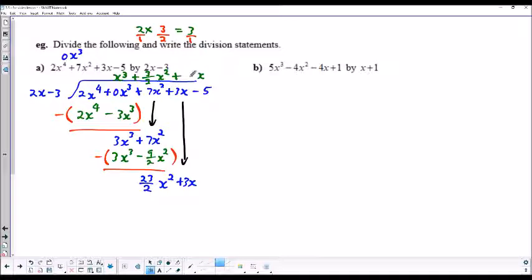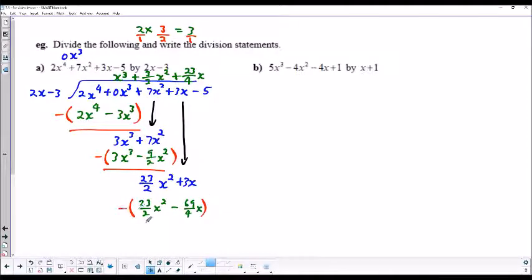Well, that would be 23 over 4 x. And then 23 over 4x times 2 will give me that 23 over 2 x squared. 23 over 4 times negative 3 is negative 69 over 4 x.